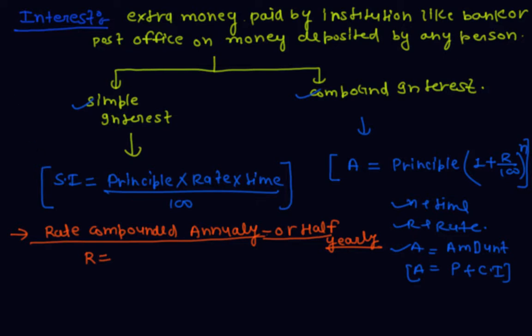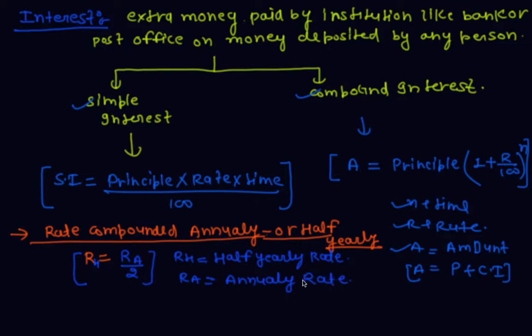When the rate is considered half yearly, then the rate of half yearly is half of the rate of annually. RH is equal to RA by 2, where RH is the half yearly rate and RA is the annual rate. So this is one more concept when rate is compounded annually or half yearly.